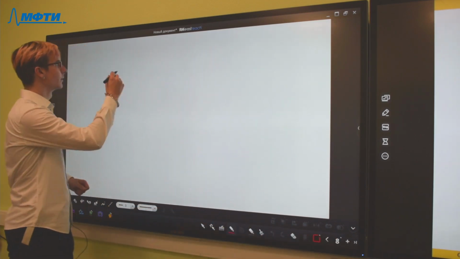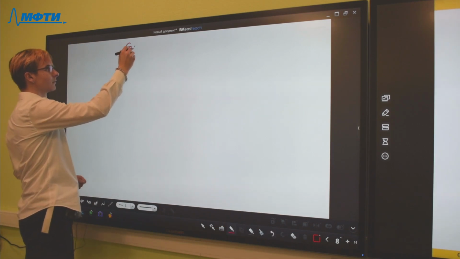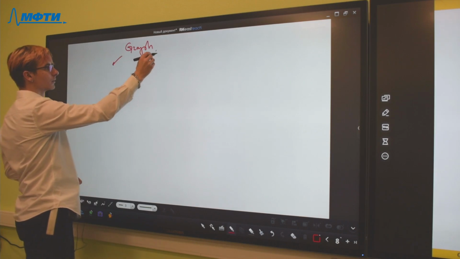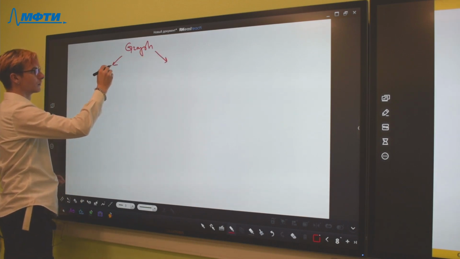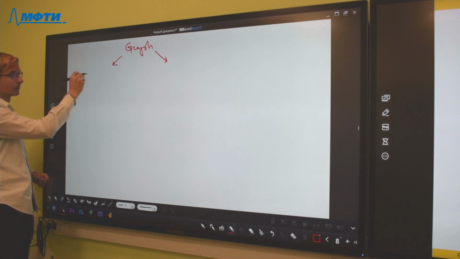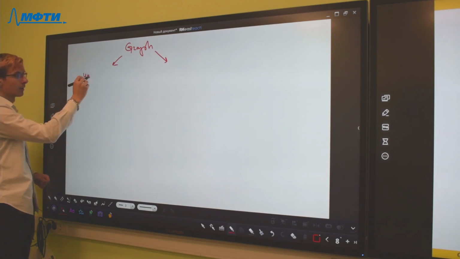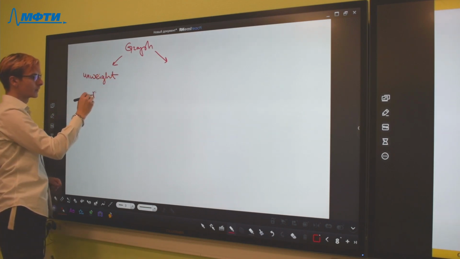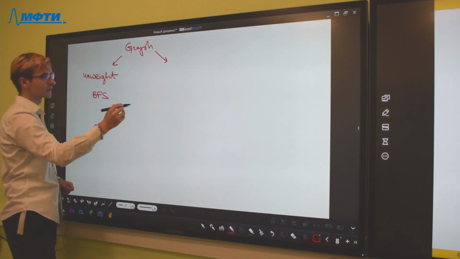So if we have a random graph, we can ask if it is unweighted, and then we use BFS.